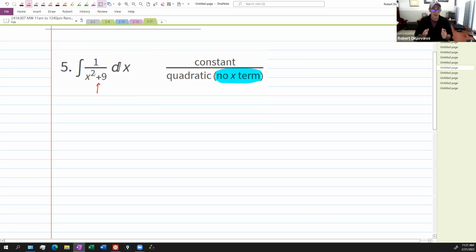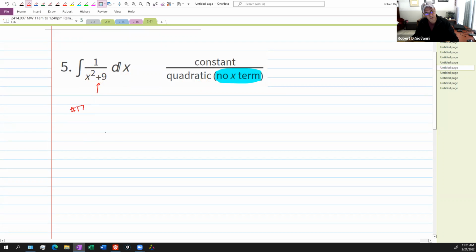So constant on top, quadratic on the bottom with a plus in between, and we're missing the x term. We have an x squared term, we have a constant term, but we don't have an x term. You know what I mean by missing an x term? Like this is not x squared plus 2x plus 9. It's just x squared plus 9. There's no x to the first power anywhere in the bottom. So this would be formula 17.